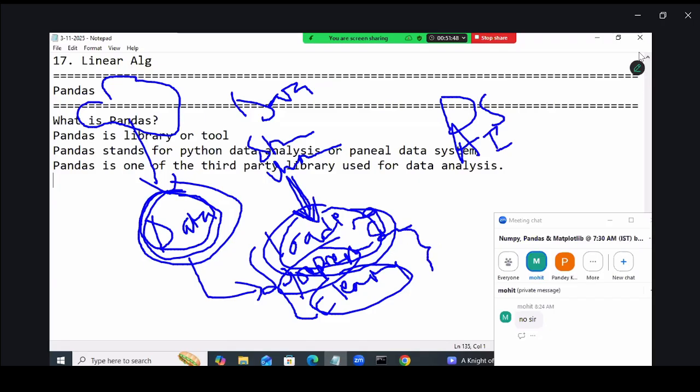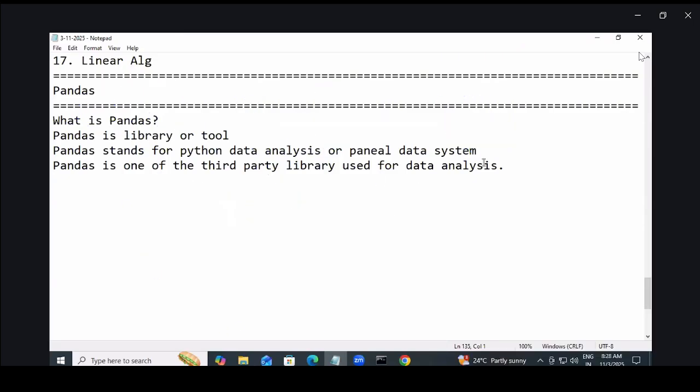Data preparation and cleaning are important before identifying insights from the data. All these things you do using one library called pandas. Pandas works on top of the panel data system.